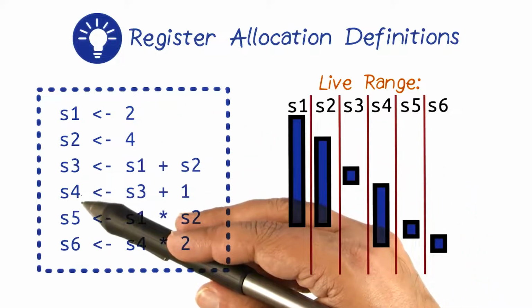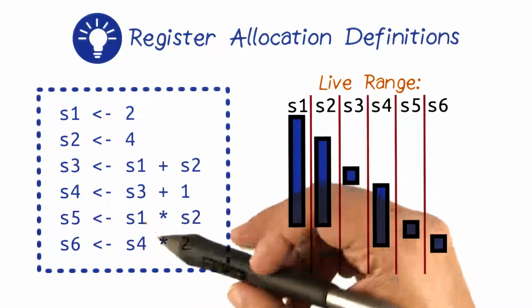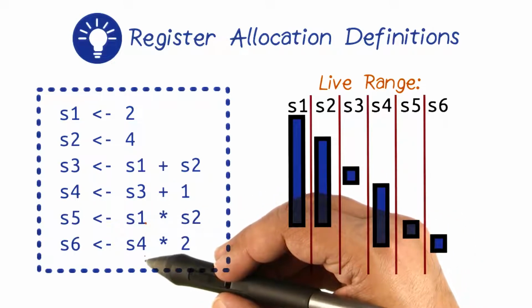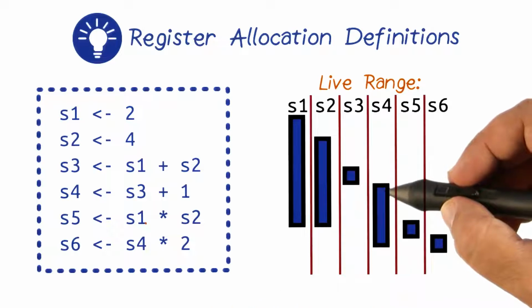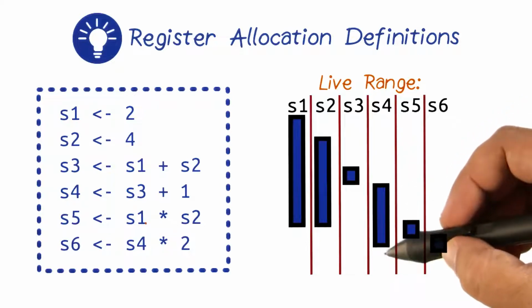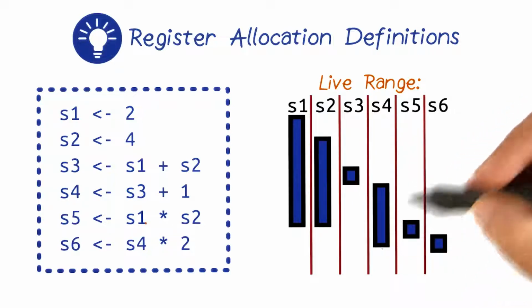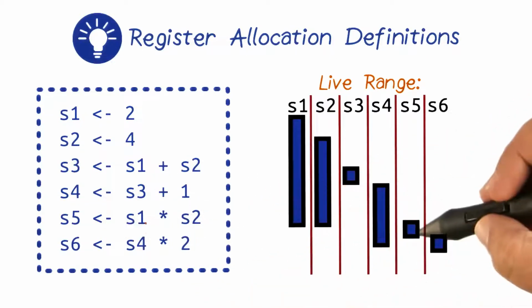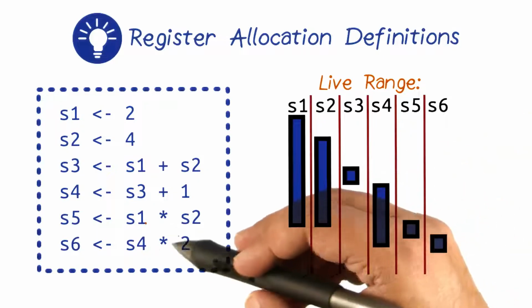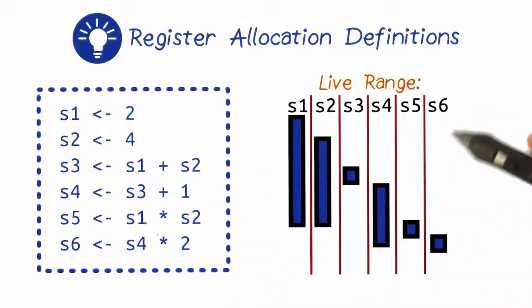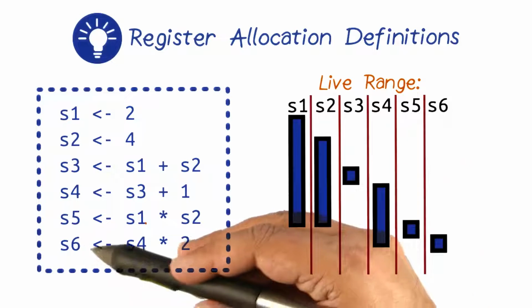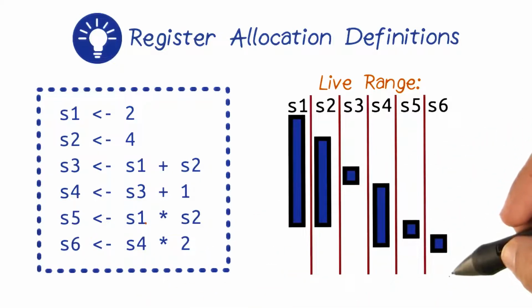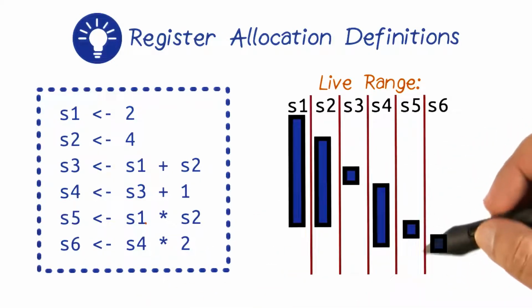So the first definition point is when the live range starts, and the last use is where it ends, and therefore we have S4 holding the value, starting the range with the definition, and the range terminates at the last use of S4. Similarly, S5 you can verify implicitly has certain use in this particular case over here, and S6 will potentially have some use down from this point, and that's why these ranges are partially shown over here.